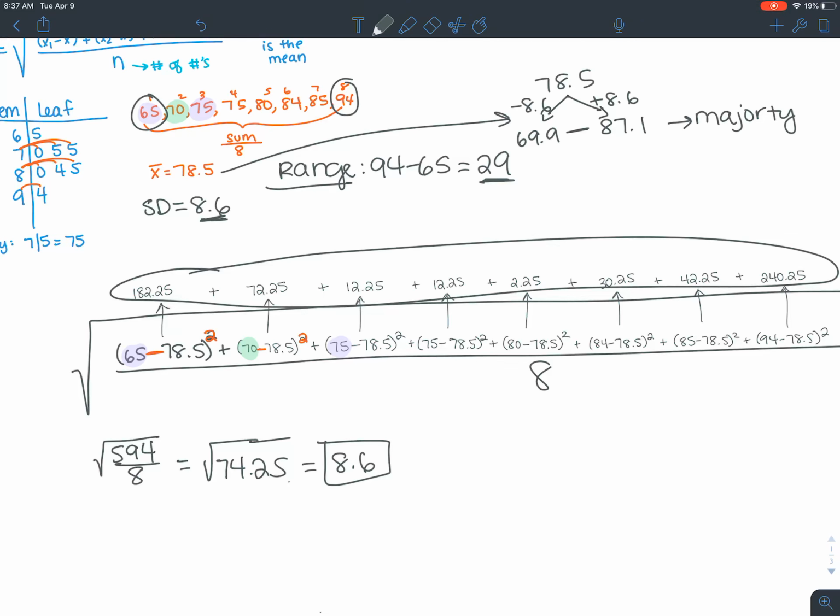The only two numbers that aren't between those are the first and last. So we have 6 out of 8 numbers between that, which is 75%. That's a pretty strong majority.